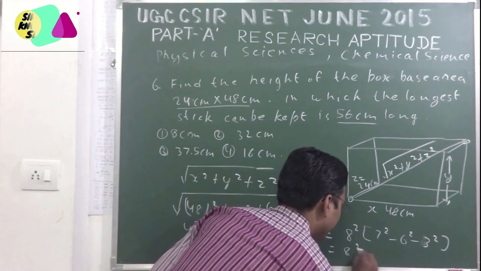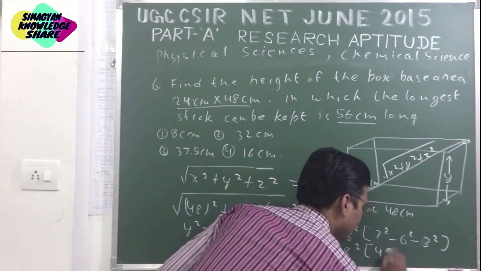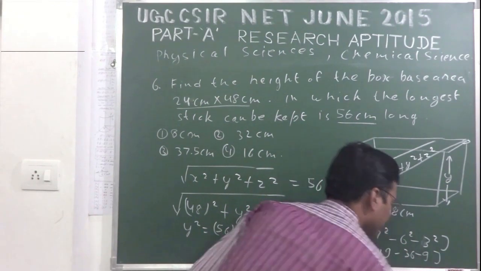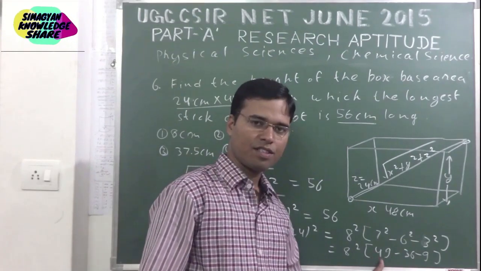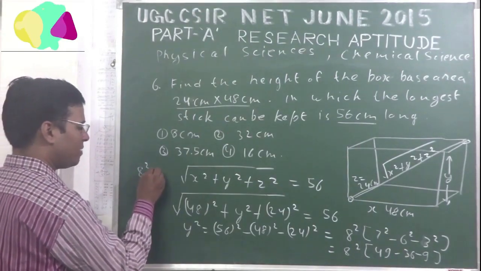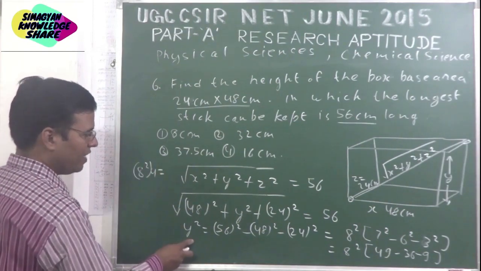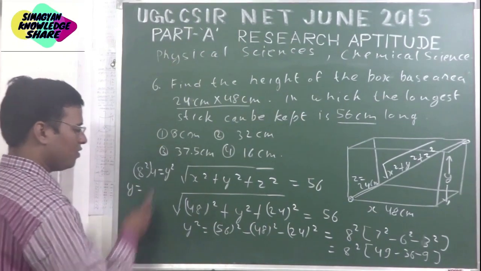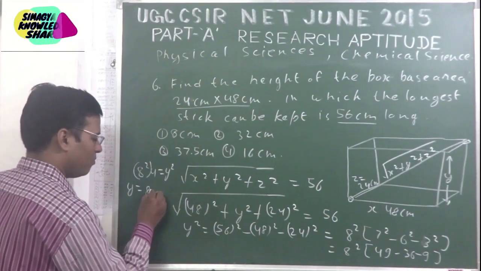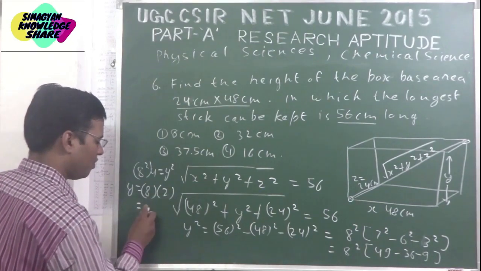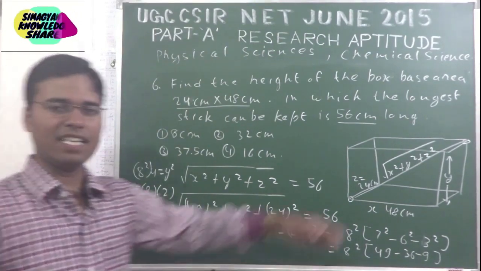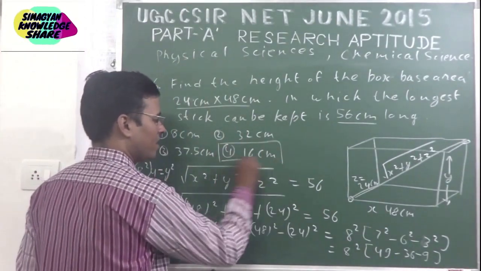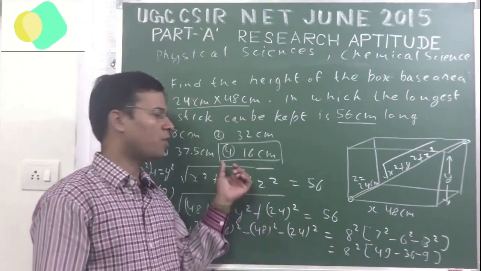So 8 square times 49 minus 36 minus 9, the remainder would be 4. So 8 square multiplied by 4 would be the value of y square. Now y would have the value of 8 multiplied by 2. So the y value, that is the height of this rectangular box, is 16 centimeter. The correct answer of this problem is option 4.